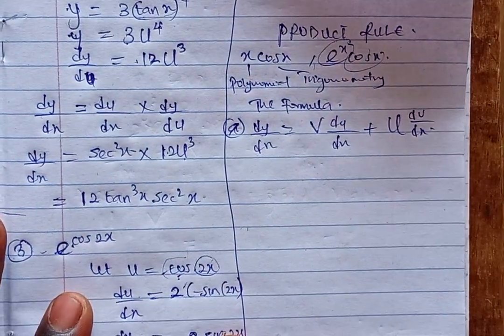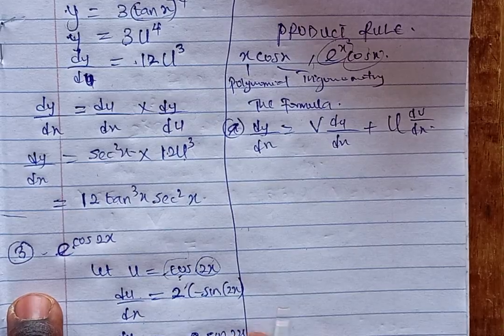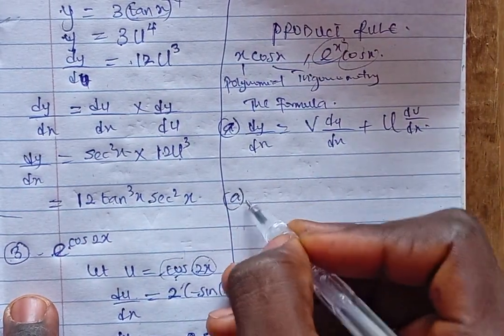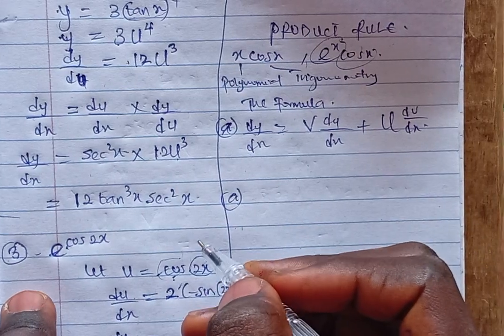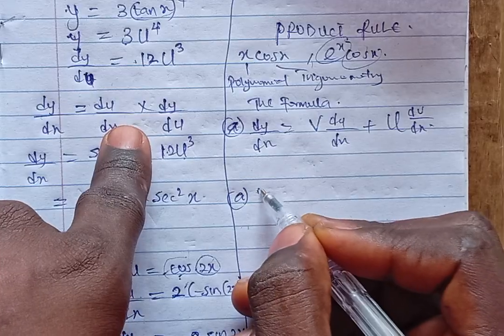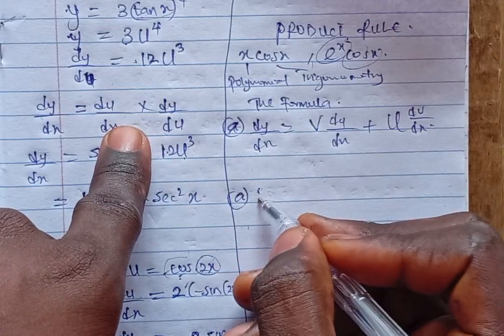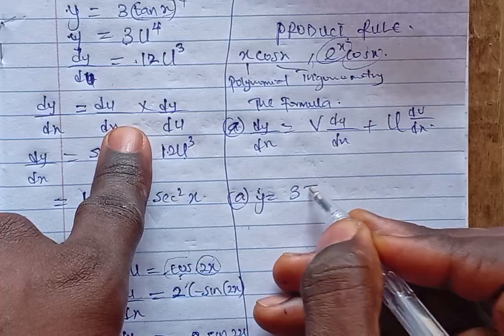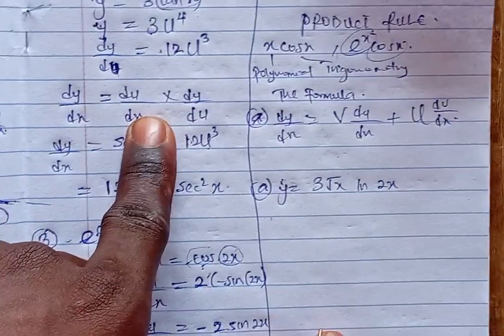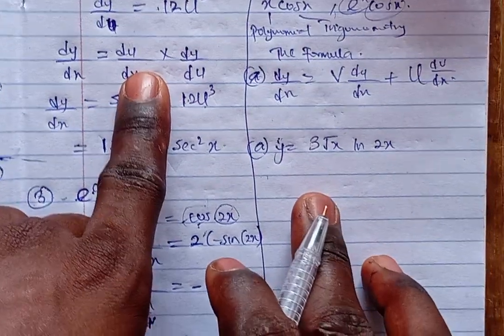Okay, how will you go about this one? Let's start solving questions on product rule. Let me take a question: find dy/dx when you have a function like 3 root x ln 2x. You have to differentiate this type of function.